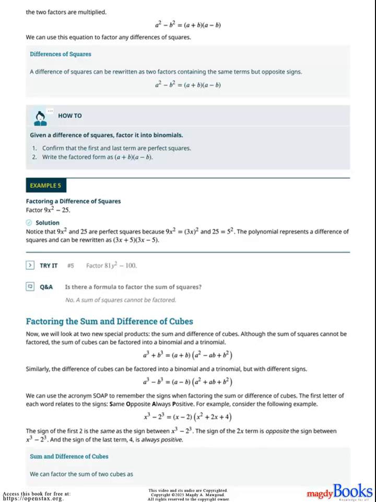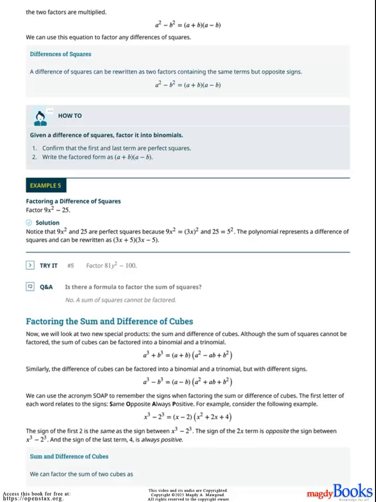How to: Given a difference of squares, factor it into binomials. 1. Confirm that the first and last term are perfect squares. 2. Write the factored form as (a plus b) multiplied by (a minus b).